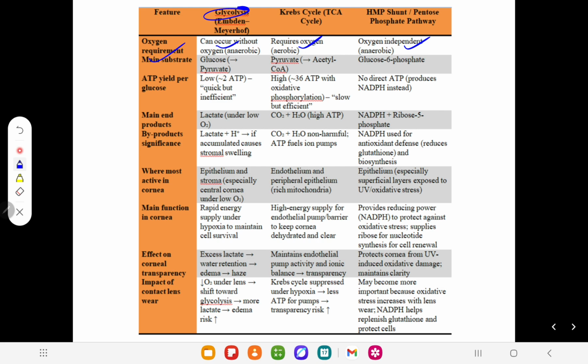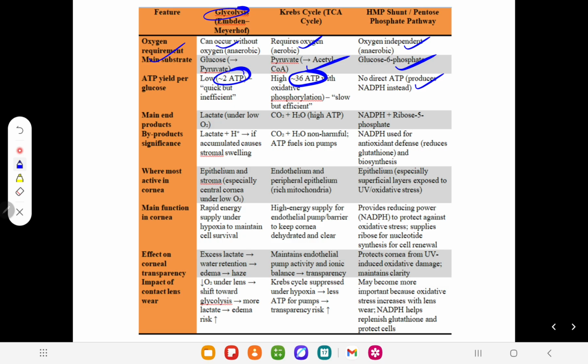The main substance is glucose to pyruvate to acetyl-CoA, and glucose 6 phosphate. ATP yield is approximately 2, very ineffective in glycolysis, but in the Krebs cycle it's very effective, and there is no direct ATP production in the HMP shunt.